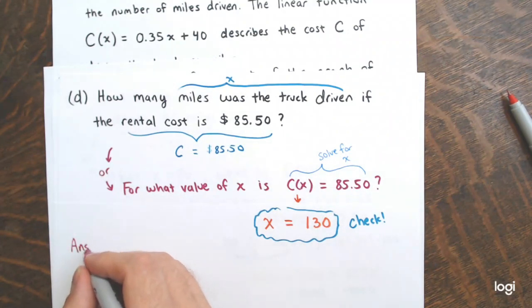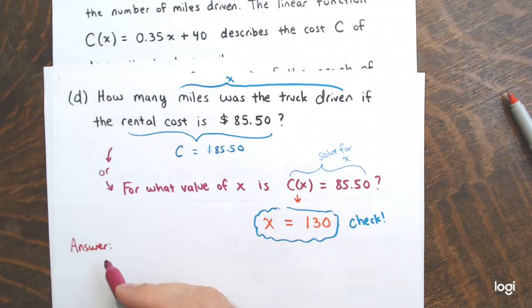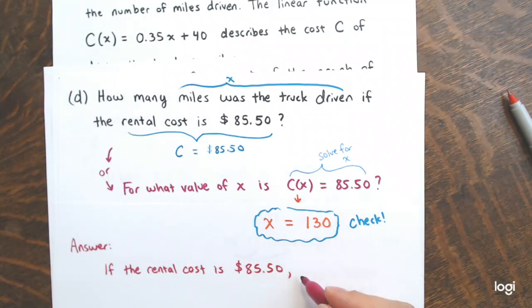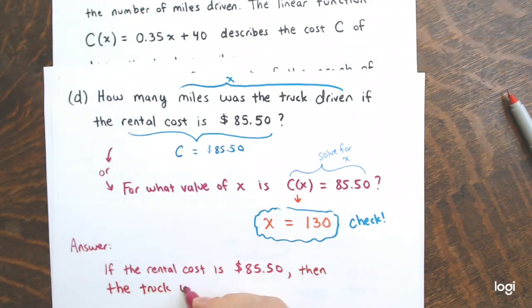So the answer to this question is, if the rental cost is $85.50, then the truck was driven, as we have seen, 130, right?